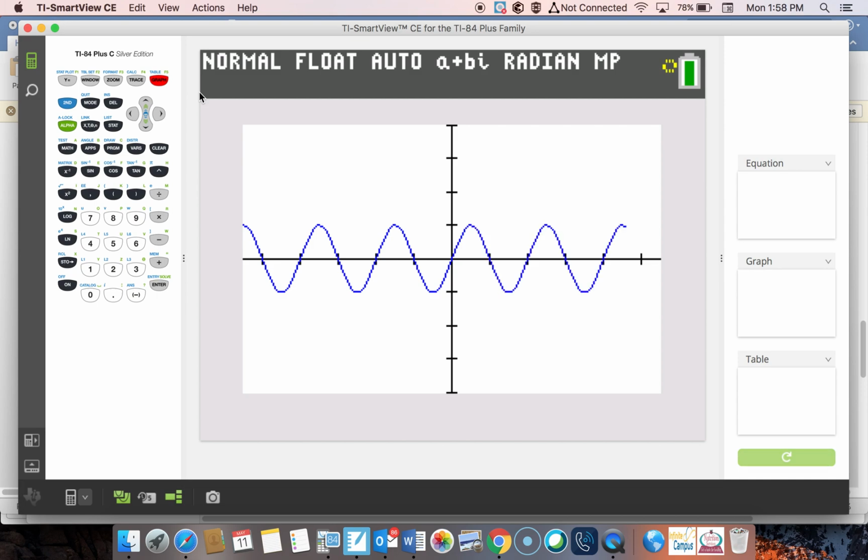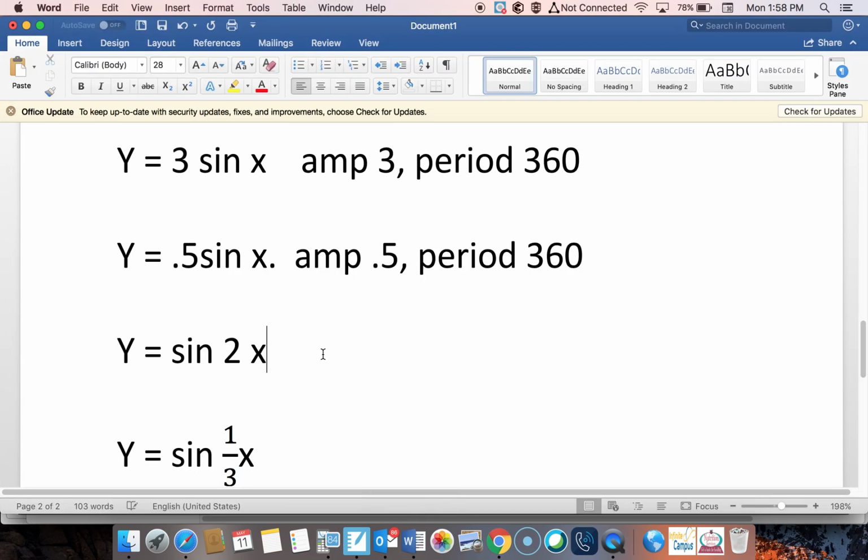It takes twice as long, but no. Instead of making it twice as long a period, it cuts it in half. You'll notice it just takes 180 degrees for it to repeat. So whereas you would think it would make the period longer, it makes it shorter. The amplitude is 1, and the period has now shrunk down to 360 divided by 2, or 180.